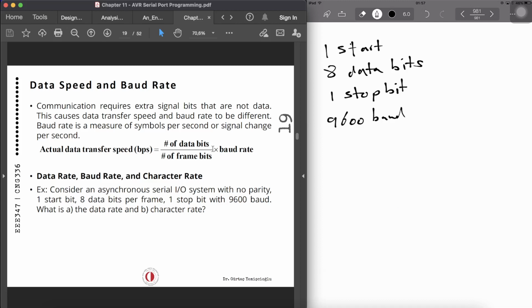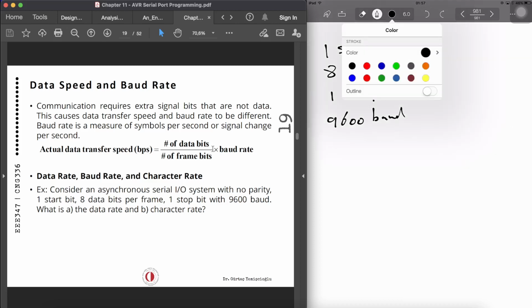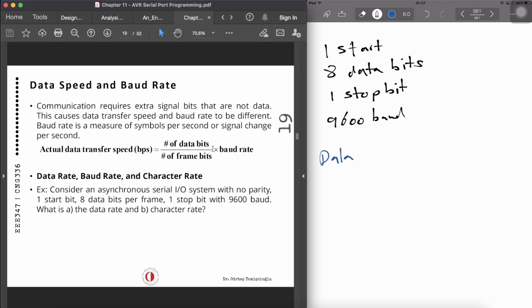Now the data rate. As the equation tells us, the number of data bits is 8, and the number of frame bits, 8 plus 1 plus 1, is 10 bits in total, times 9600.